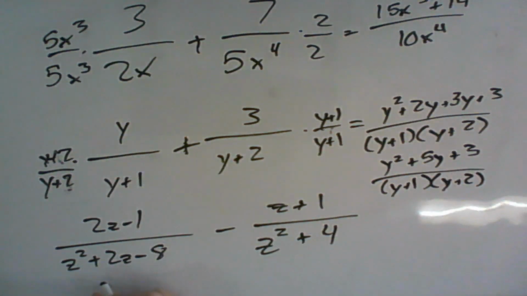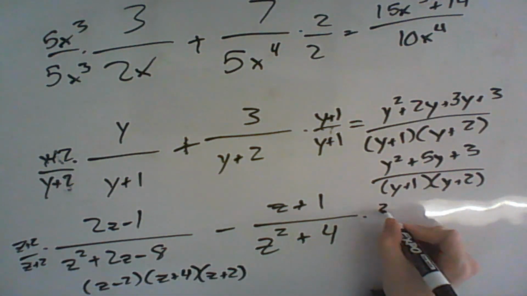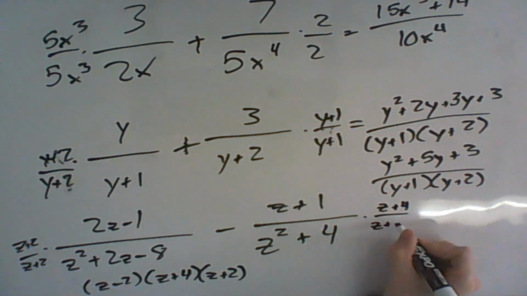Okay, the denominator that you're looking for is z minus 2, z plus 4, and z plus 2 is your common denominator if you factor both of these. The first one you need to multiply by z plus 2 over z plus 2. The second one you need to multiply by z plus 4 over z plus 4.